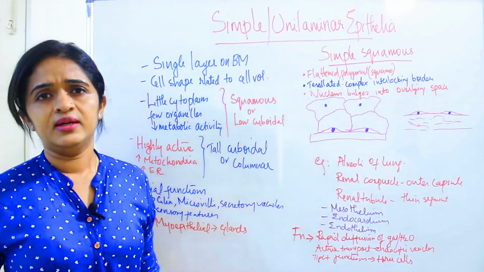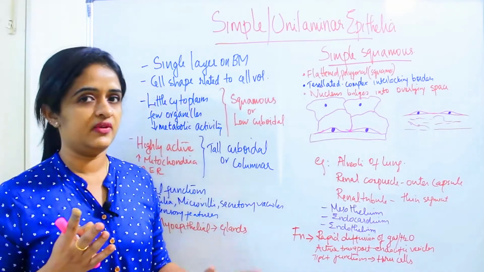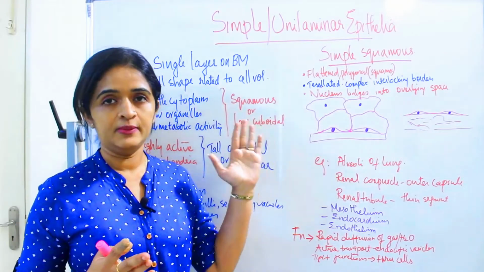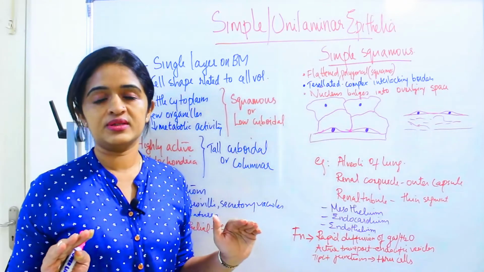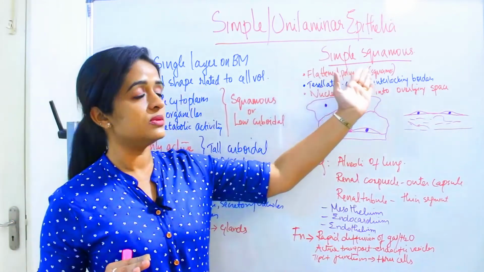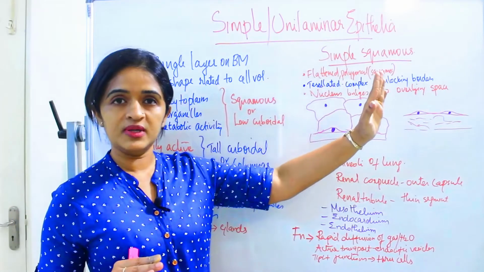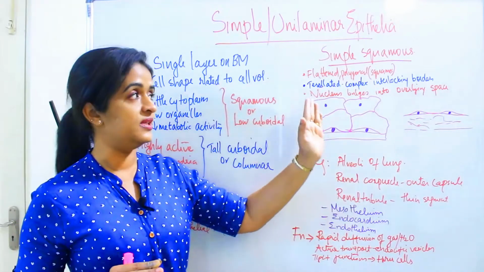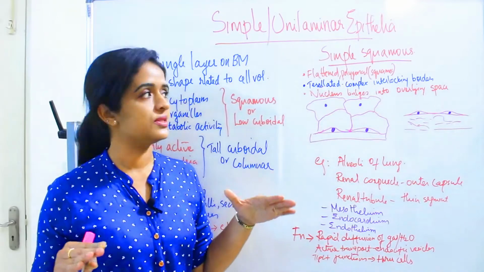Now let's see one by one. Depending upon the shape of the epithelial cells, we will be classifying the unilaminar or simple epithelium into different types. The first one is simple squamous. Squamous means flattened or polygonal. So simple squamous epithelium means the epithelium where you get flattened or polygonal cells.